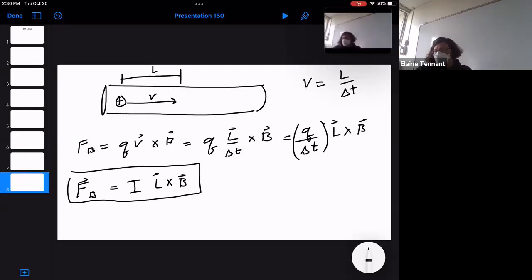First off, is everyone kind of happy with that? Okay. There's a few problems in your homework that'll take you through a right-hand rule on this. One thing just to note is that the current's always in the direction that positive charges would go.